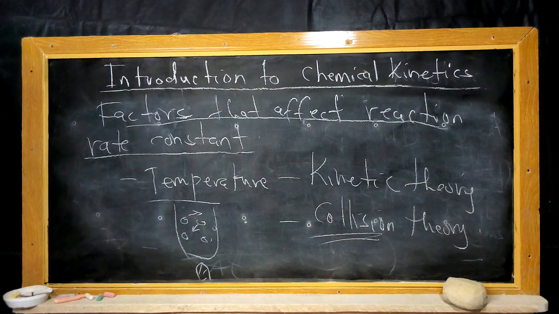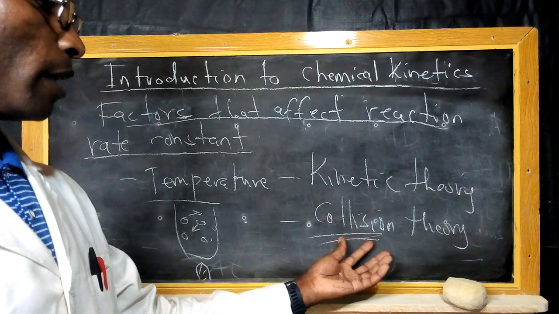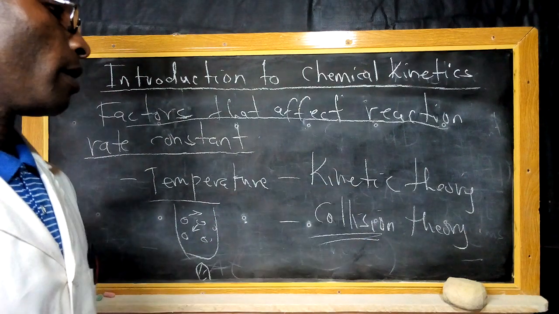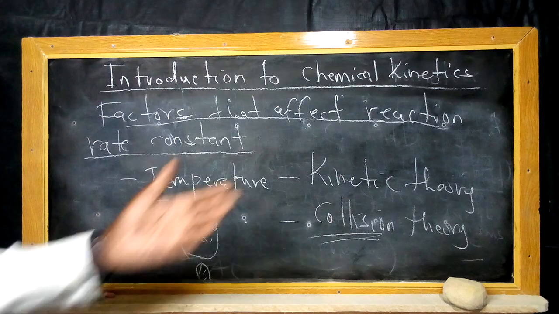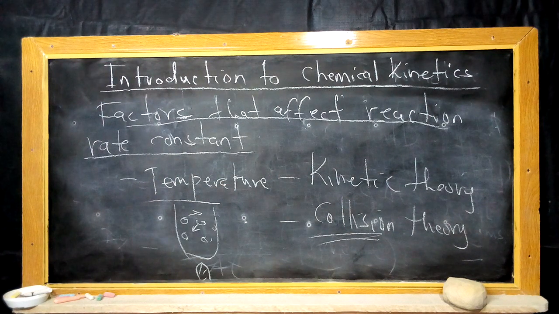So for collision theory, when the temperature increases, the molecules collide more, and then the rate of the reaction is increased. Increase in temperature increases the kinetic energy of molecules, which leads to the same kind of argument: the more they move, the faster they collide, and that is how it increases the rate of a chemical reaction.